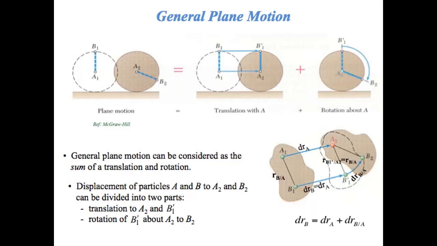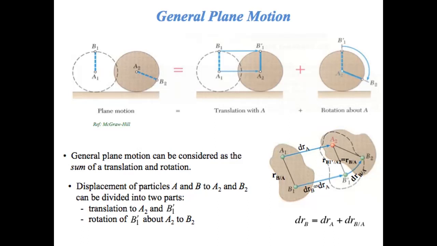The initial relative position of particle B1 relative to particle A1 is r_B/A, and the relative position of particle B1 prime relative to particle A2 is r_B1'/A2.